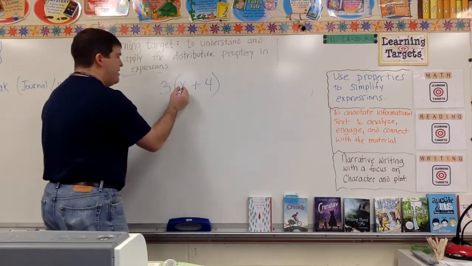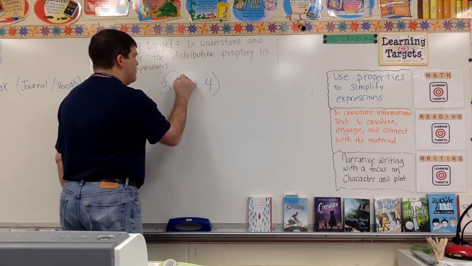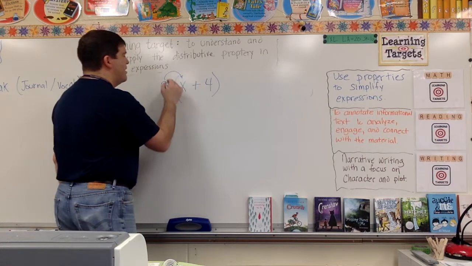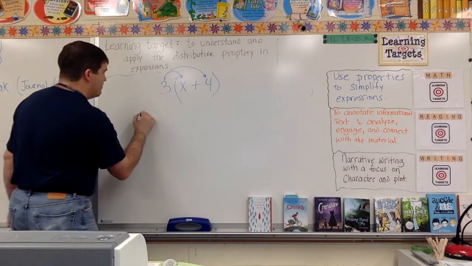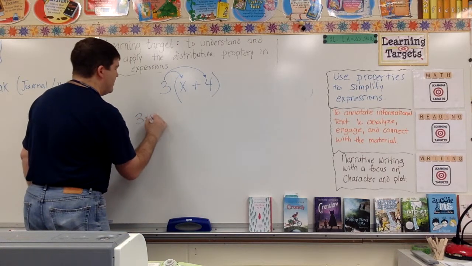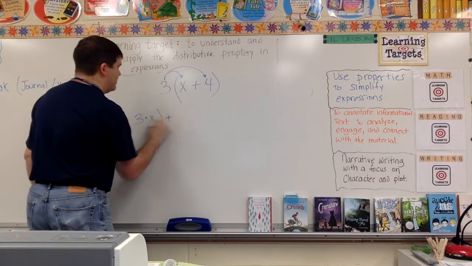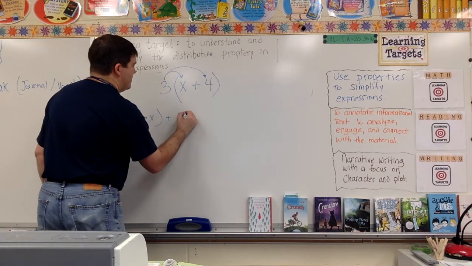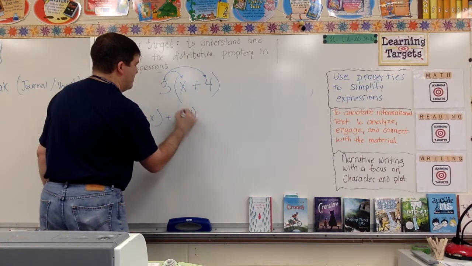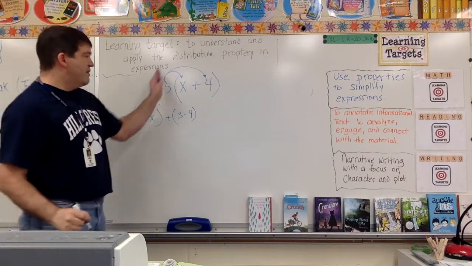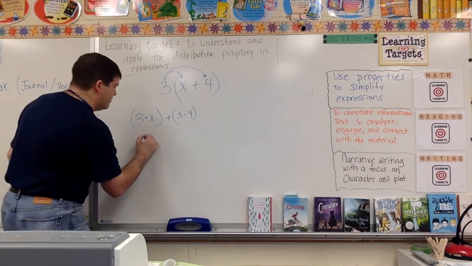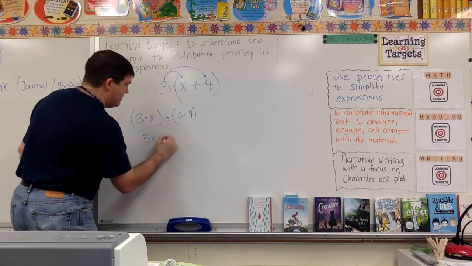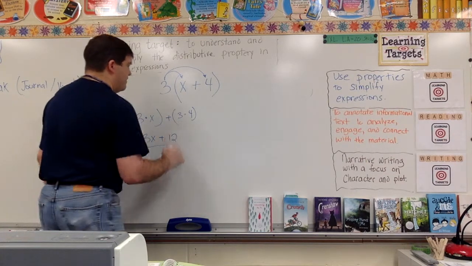Now, what this would be is I'm going to multiply each part of my group by 3. So I'm going to have 3 times x plus 3 times 4. And then I've distributed this 3 on each part. Okay, so then this would be 3x plus 12. That's what I'd have.